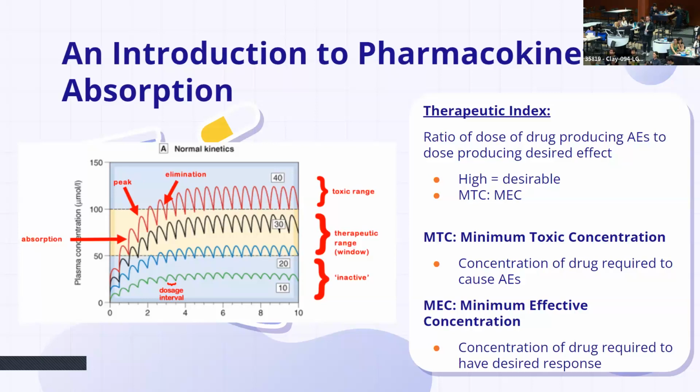For example, doxycycline is going to cause gastrointestinal irritation. And we have to have our drug above the minimum effective concentration, because if we do, then it's able to work, obviously.